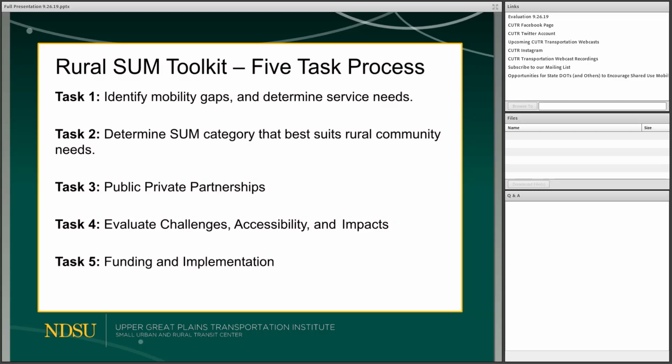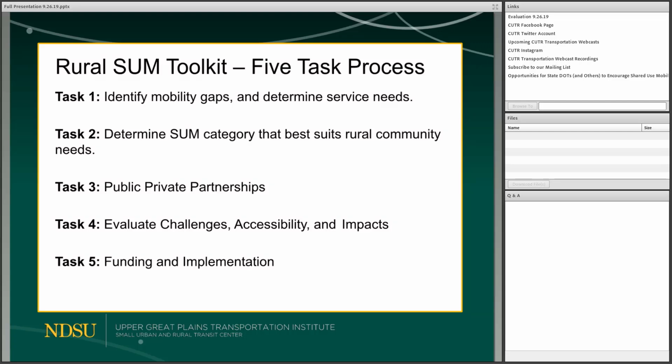Task 1 is identifying mobility gaps in the community and determining the service needs. And from the identified mobility gaps, in task 2, shared use mobility categories that best suit rural community needs can be identified. It could be ride sourcing, microtransit, or bike sharing, pretty much anything based on the community needs.